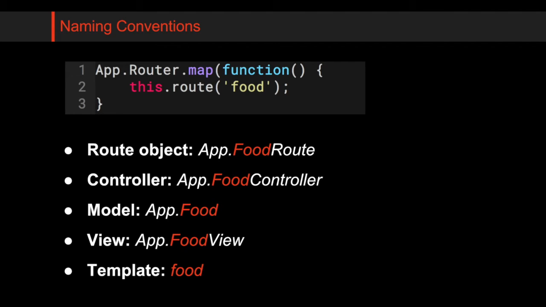So the route object is App.FoodRoute, and the controller must be App.FoodController. The model also must be App.Food, the view App.FoodView, and the template is food. So the name must be the same for route, controller, model, view, and template.